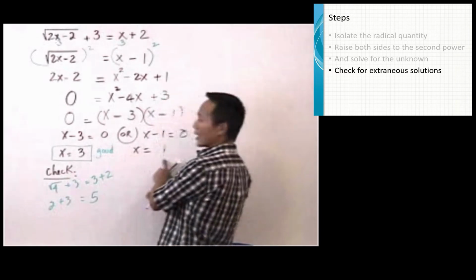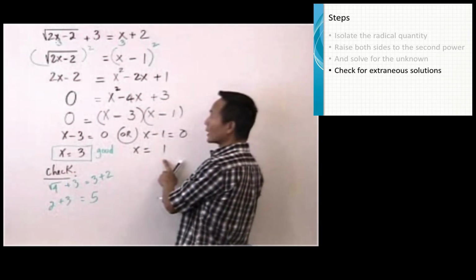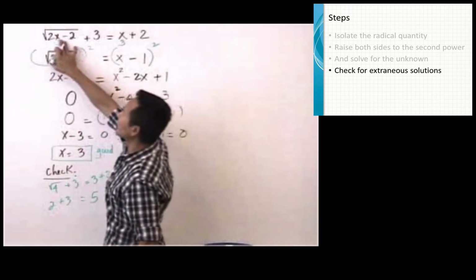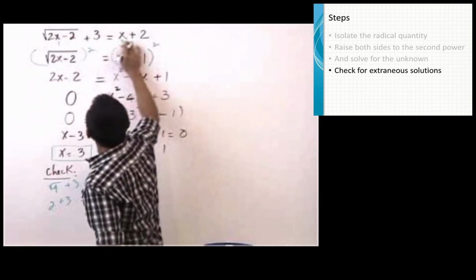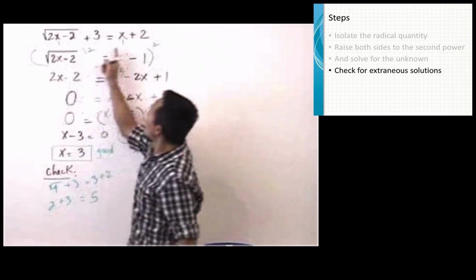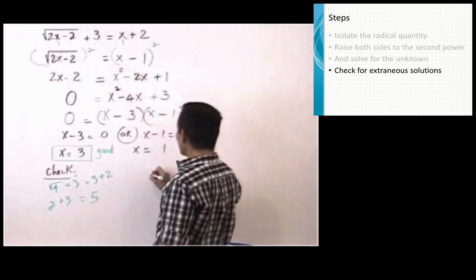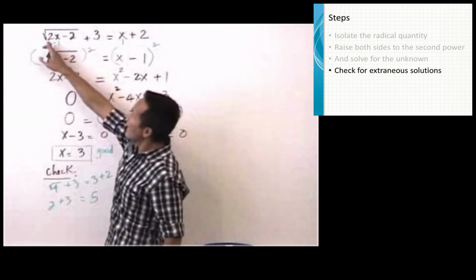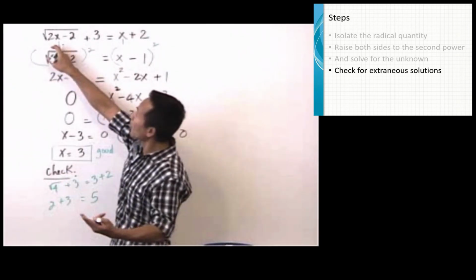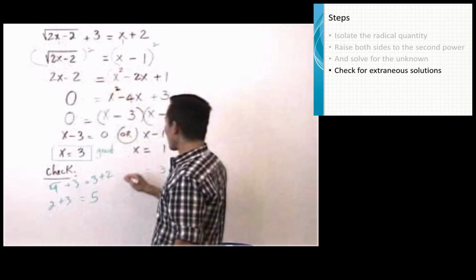Now go to 1. Do the same thing. I am going to replace x by 1. On the right side, I have 1 plus 2, which is 3. And on the left side, I have 2 times 1 is 2. 2 take away 2 is 0.